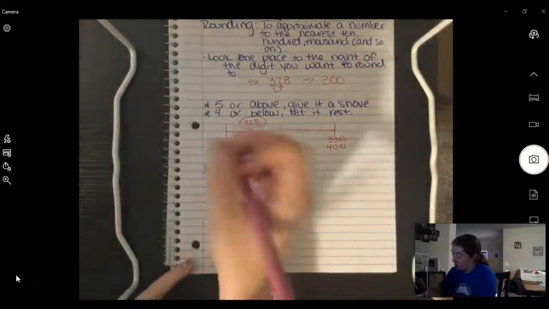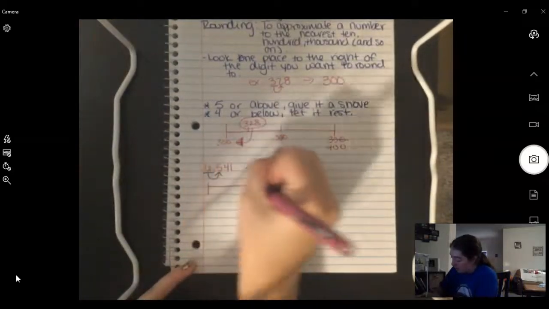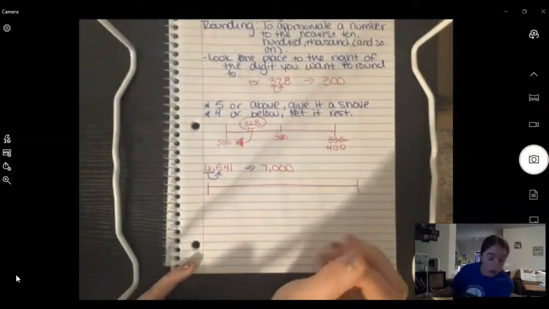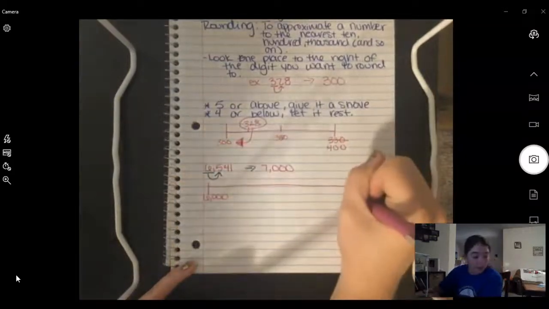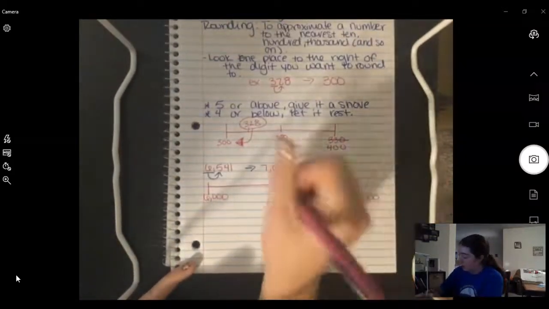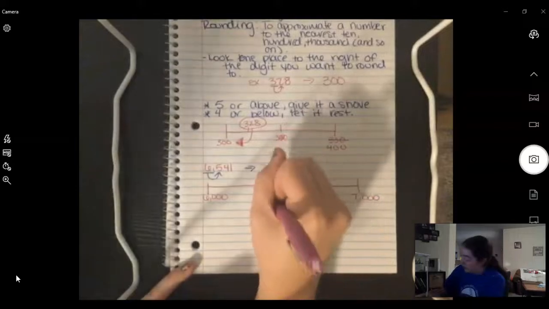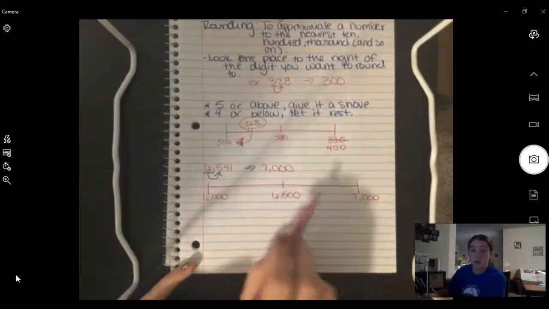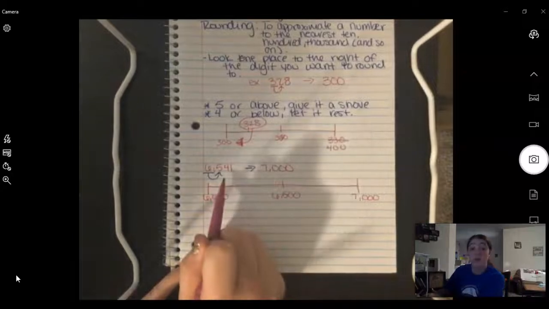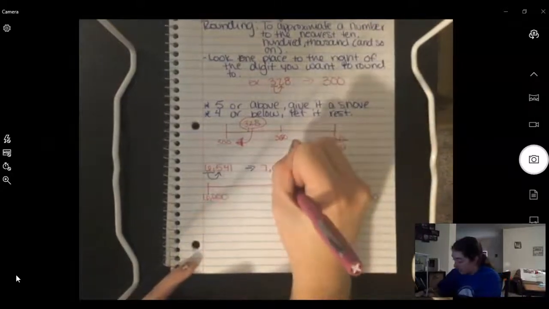Again, if this was on a number line, we have 6,000 over here, we have 7,000 over here, and in the middle we have 6,500. Well, 6,541 is greater than 6,500.